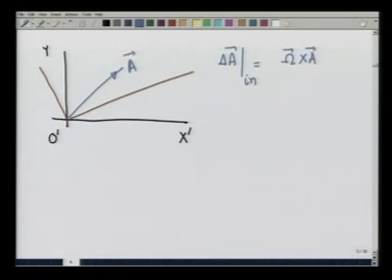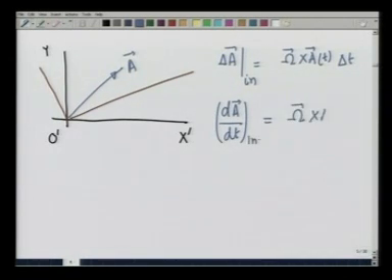A is a vector, so it is a given vector at any time. You can write A as a function of time, and therefore, dA/dt in the inertial frame is equal to omega cross A.